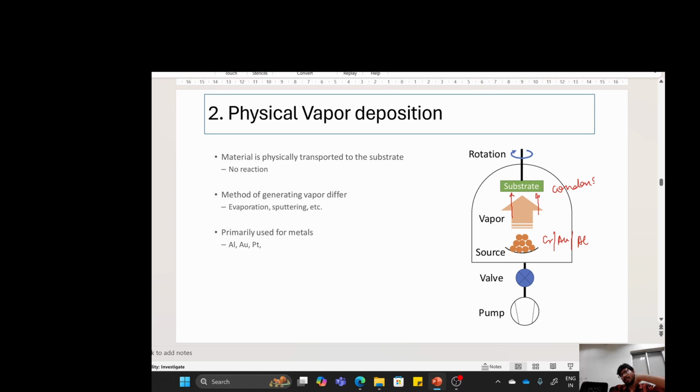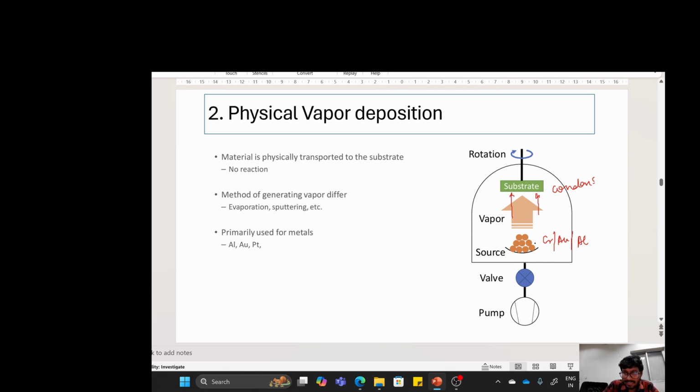Most of the time, these compound semiconductors are deposited through chemical vapor deposition, and in physical vapor deposition, single element materials are deposited. Also people deposit silicon dioxide, hafnia oxide, aluminum oxide with physical vapor deposition.